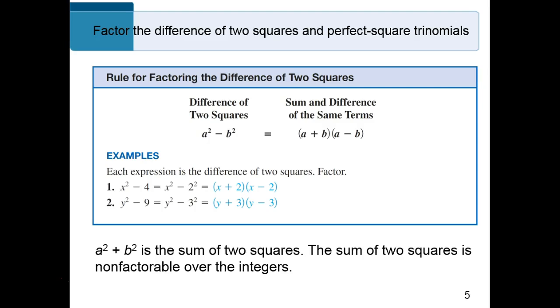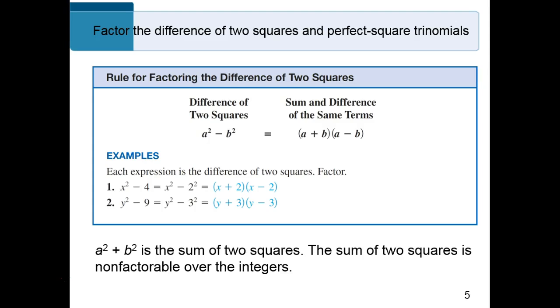Can you write down the answer? X minus 2 times x plus 2. Excellent. Now wait, I thought it was x plus times x minus. It doesn't matter. The order doesn't matter in multiplication because multiplication is commutative.